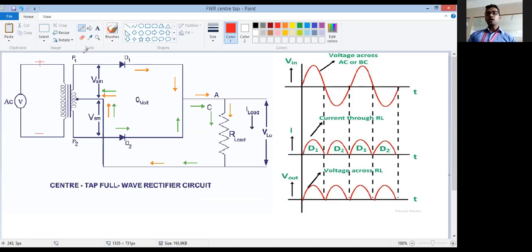So see how it will work. At this terminal you will get positive, at this terminal you are getting the negative, of battery. Again here also you will get plus at bottom side, and here at the lower terminal you will get the negative. Means see the polarity at the secondary of transformer. This winding is known as primary winding.